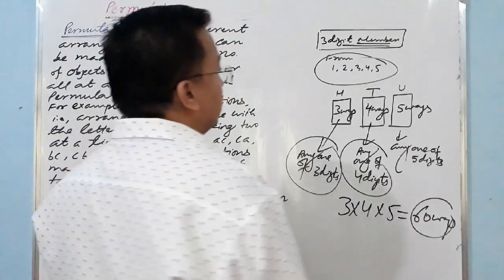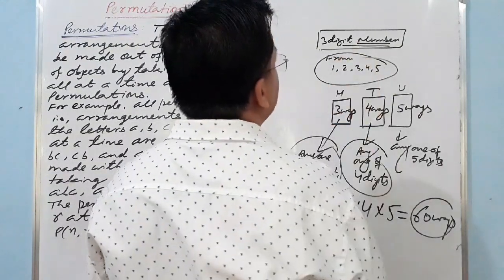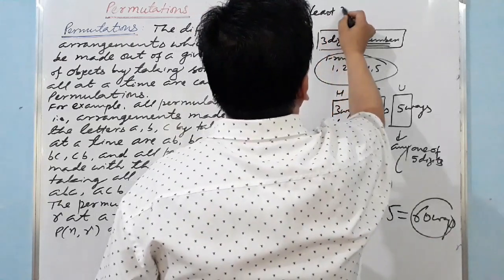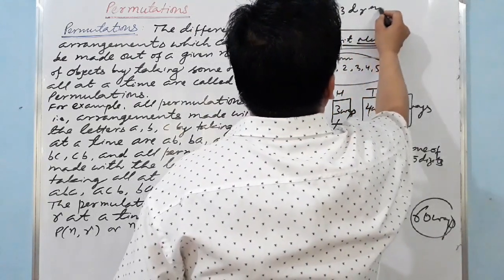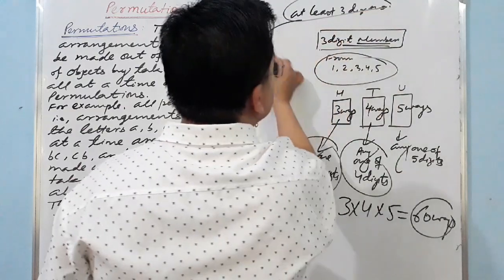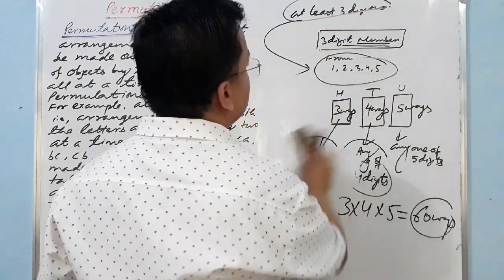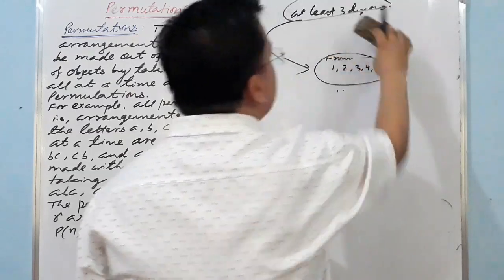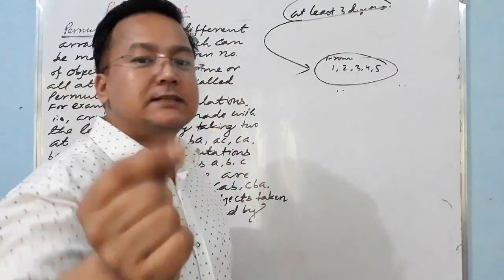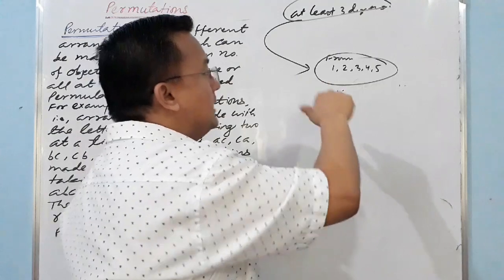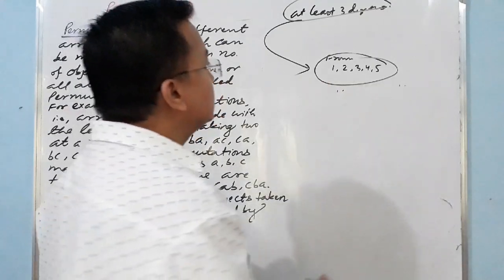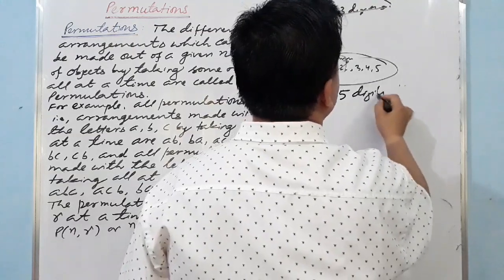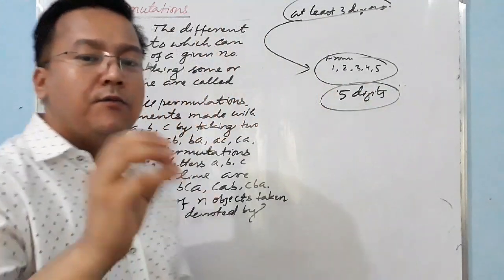Here I'm telling you, here is a three-digit number. But if I say at least a three-digit number from these digits, 1, 2, 3, 4, 5, how many digits are there? 5 digits.